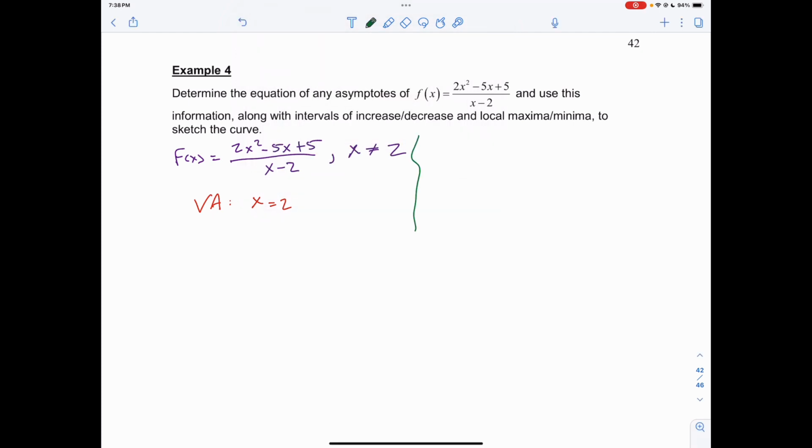I'm going to divide it out because I can see that the degree of the numerator is 1 more than the degree of the denominator. And I'm going to use synthetic division in this case.